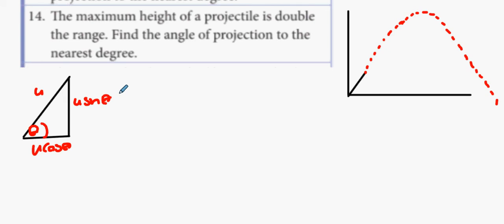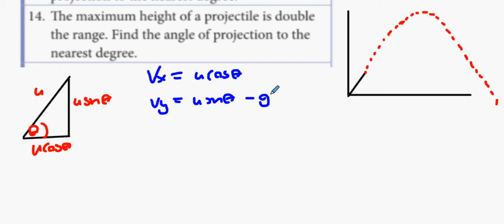Next thing we're going to do are Vx, Vy. So Vx never changes, it's just going to be u cos theta. Vy is going to be u sin theta minus gt. So I'm going to keep it as g this time, because the g's will all sort of cancel later on, so there's no point having it, okay?